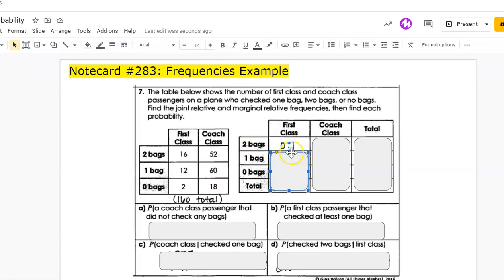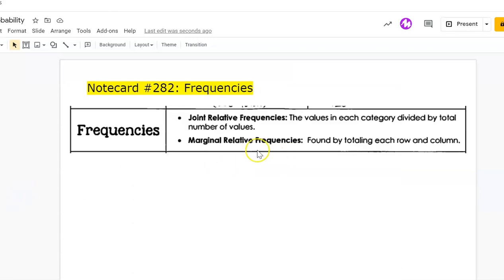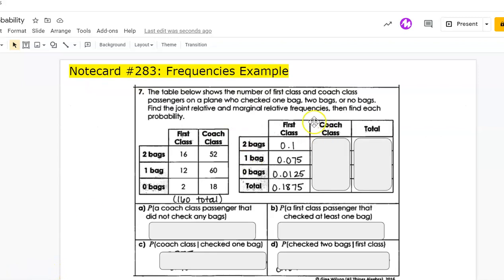That's 0.075. Okay, and just so on. You do 12 divided by 160, you get that, and you just add all of those up, and there's the number that you get. Now remember, when you add them up, that is the marginal relative frequency. We don't have to be too worried about knowing exactly what each of these means, but you do need to know how to find these decimals that I did.